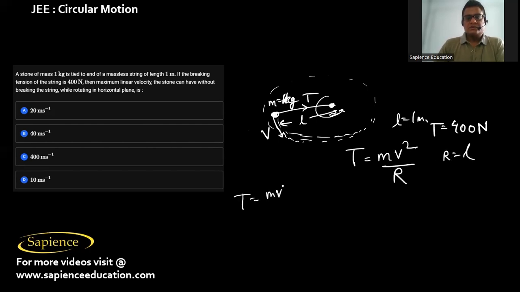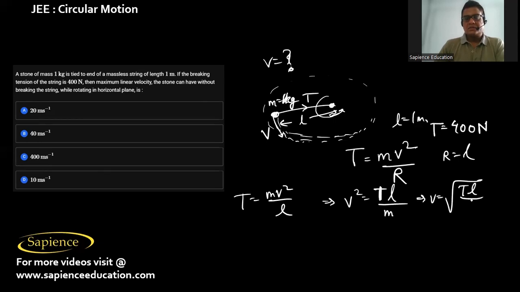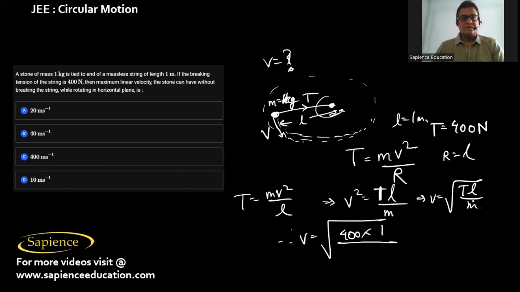So T will be equal to mv square by L. So v square will be equal to TL by m, so v maximum will be root over TL by m. That is root over 400 into 1 meter, divided by mass 1 kg. So that will be 20 meter per second. So option A is the correct answer.